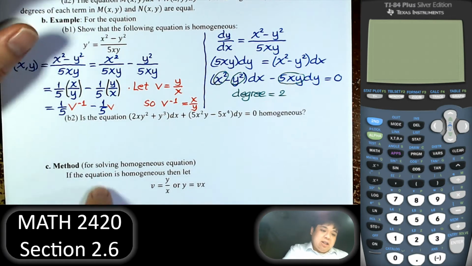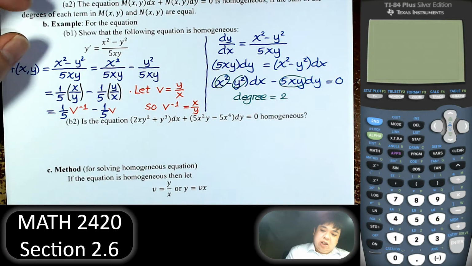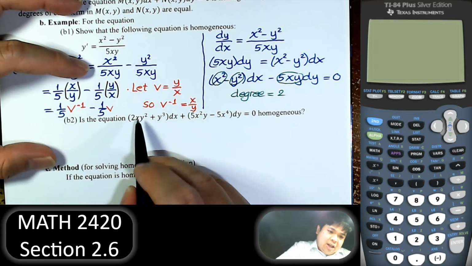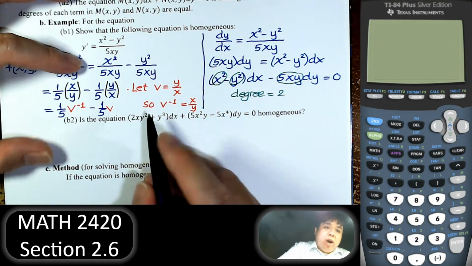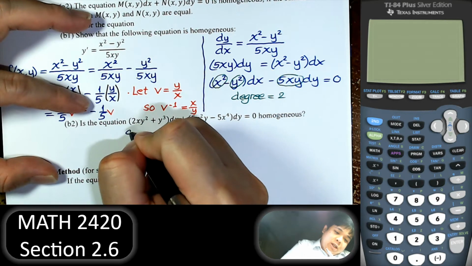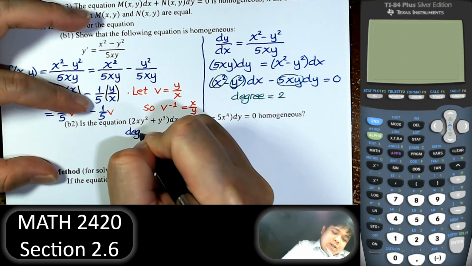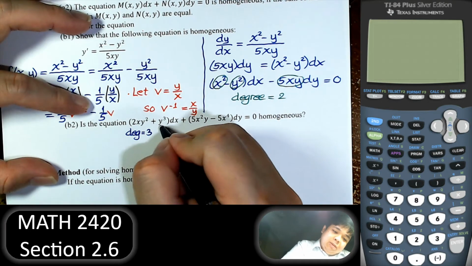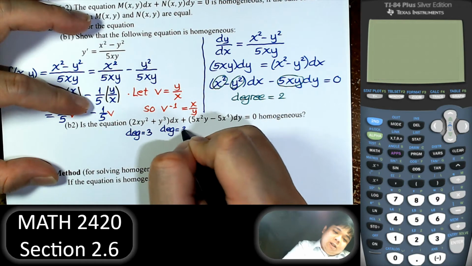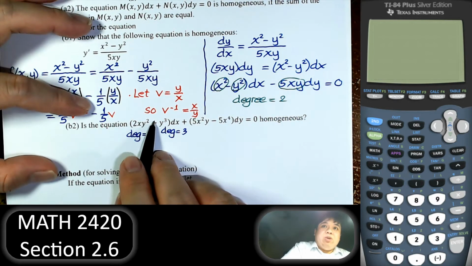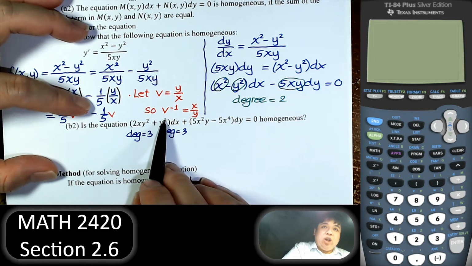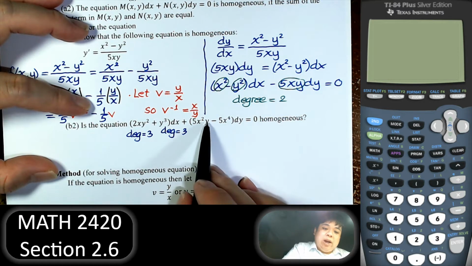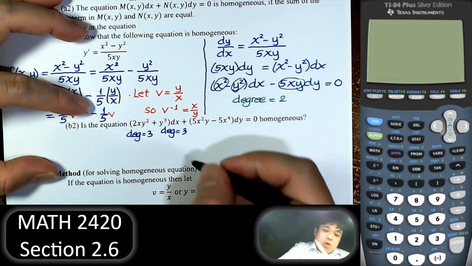Right, next, is this equation homogeneous? So we look at this, x to the first power y squared. So this one is degree 3, and here also degree 3, because x to the first, y to the second, 1 plus 2 is 3, y cubed, that's 3, x squared and y to the first, 2 plus 1, also 3.